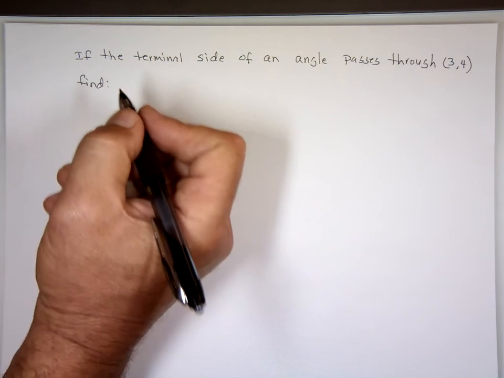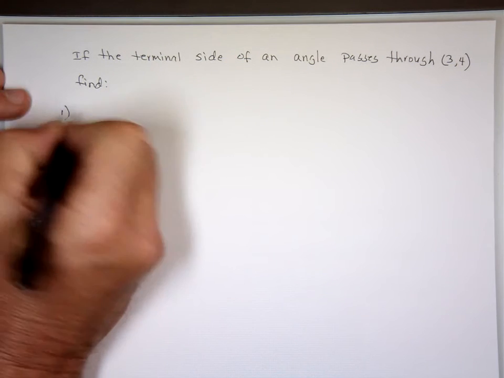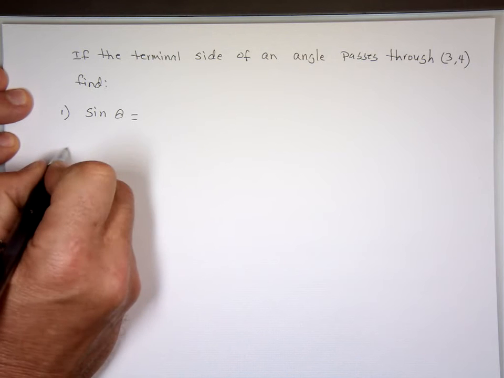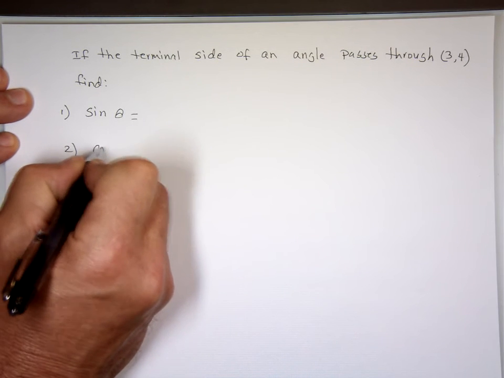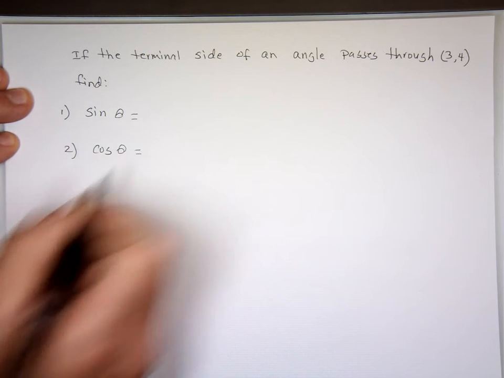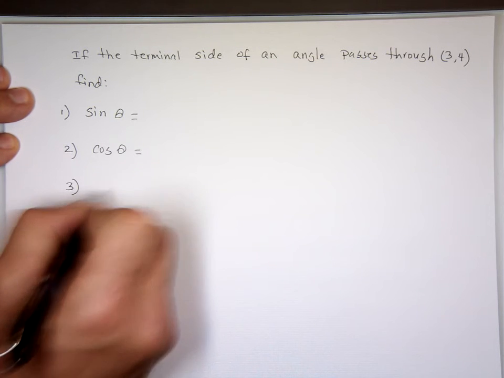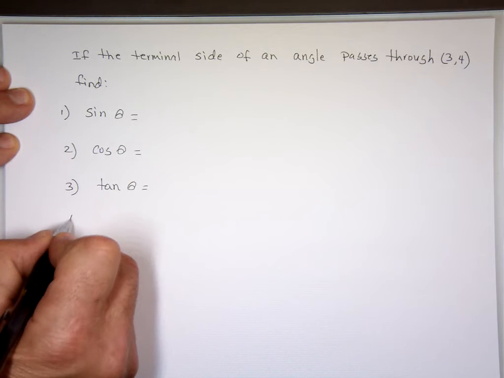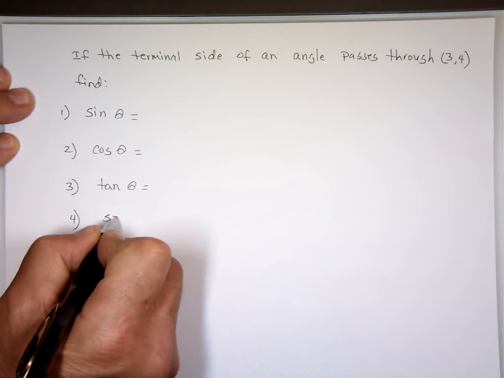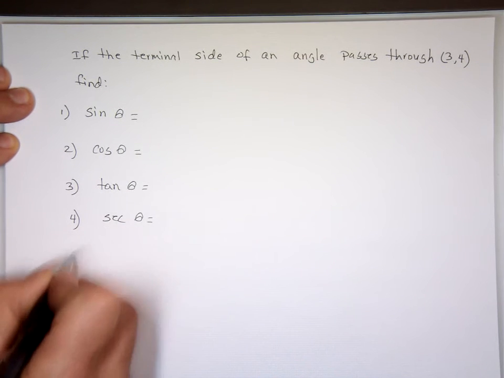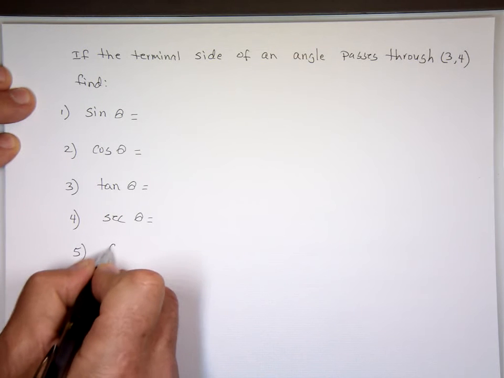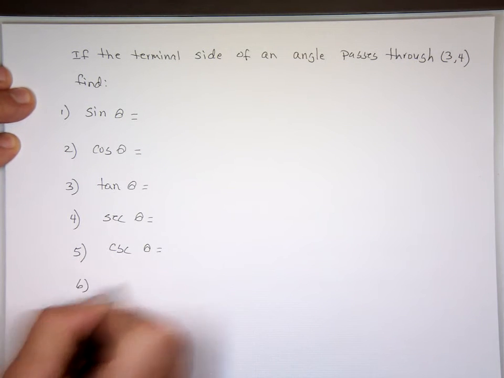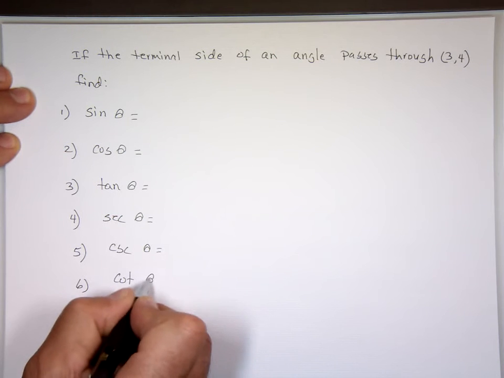Question number 1, the sine of theta. Question number 2, cosine of theta. Question number 3, tangent theta. Question number 4, secant theta. Number 5, cosecant theta. And number 6, cotangent theta. All of them, all six trig functions.